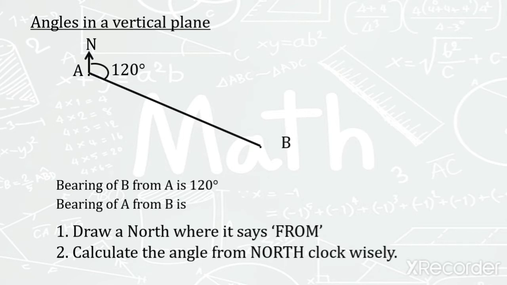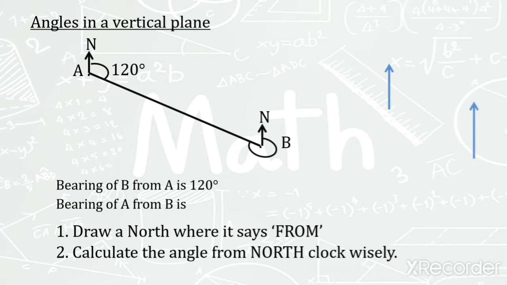If they have asked you to find out the bearing of A from B, you have to follow the same steps. Draw a north where it says from. Here they have said from as B, then calculate the angle clockwise. You have to find out this reflex angle. To find this reflex angle, you might use this lesson which was taught to you in grade 9.